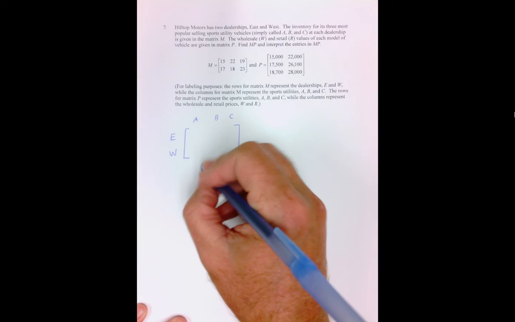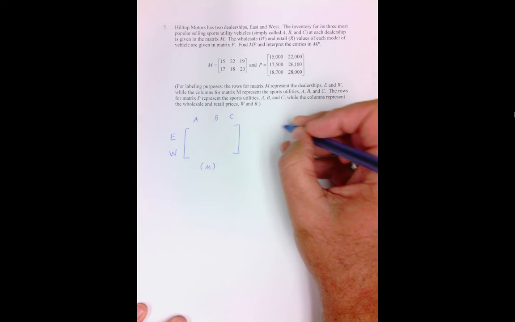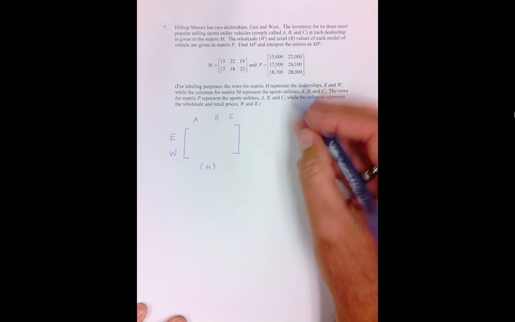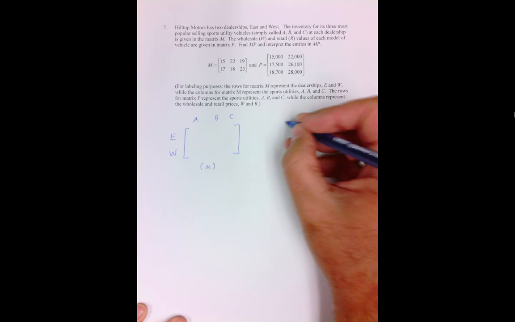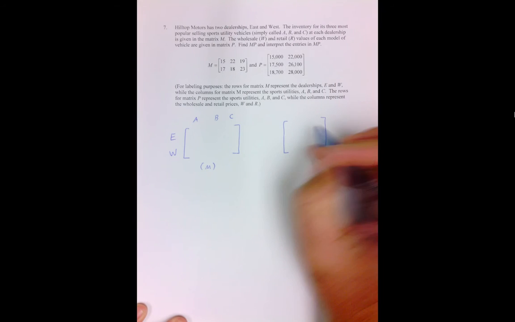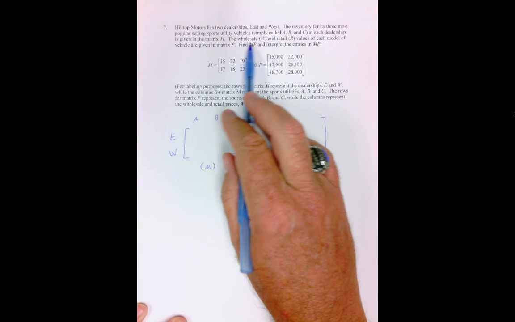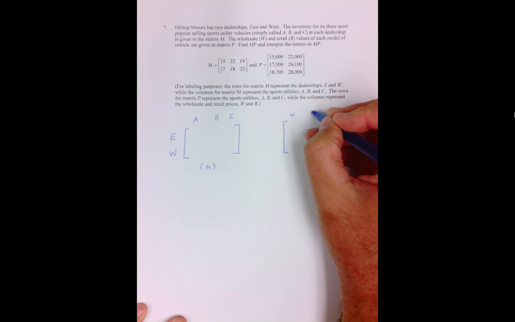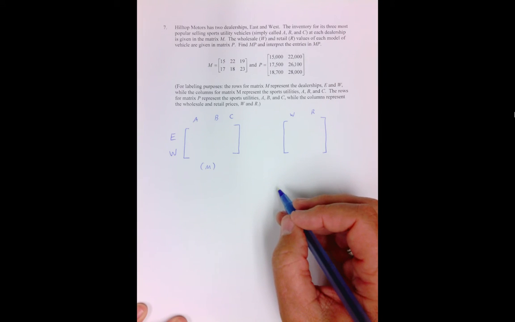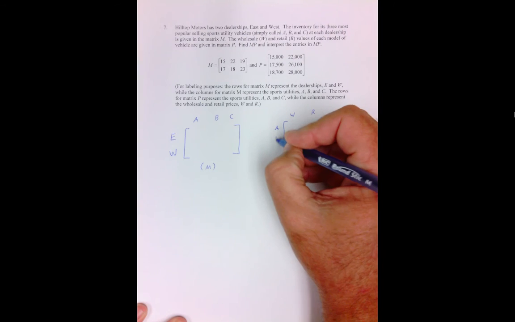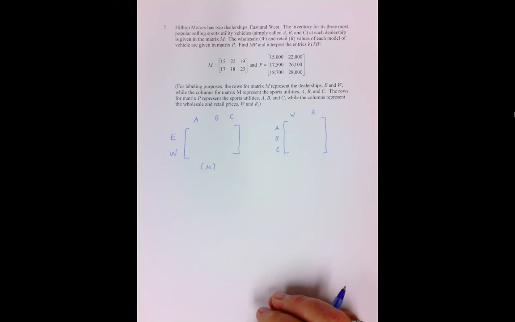So this is M. And the wholesale, we're going to call this matrix P. So the wholesale, retail, so this must be the wholesale and retail. And then the rows represent the models. Probably see where we're headed with this.